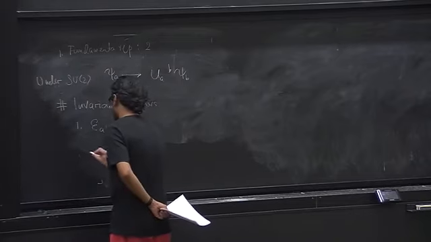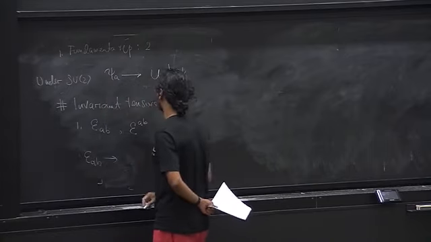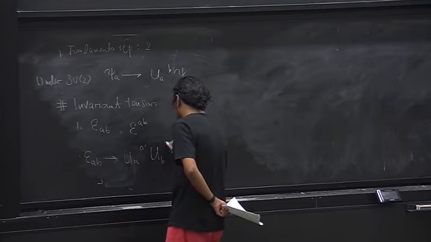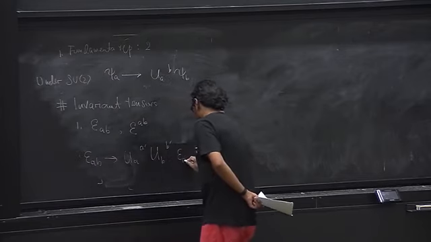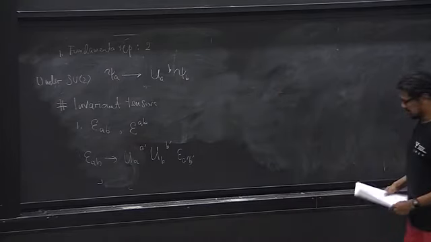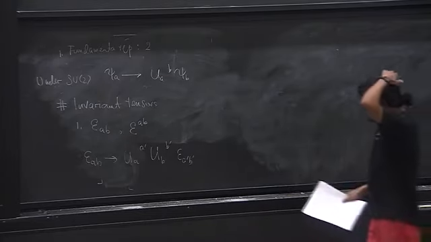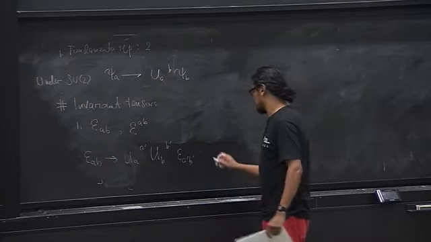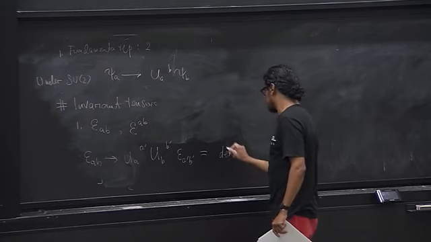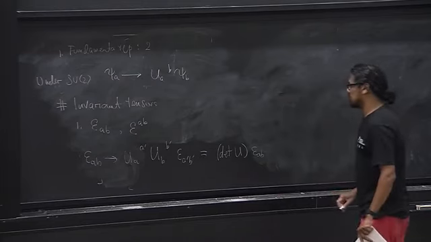So under SU2, this thing is going to transform as, so this gives me a rank 2 tensor, but you see that the definition of a determinant tells me that this is the determinant of U times epsilon AB.